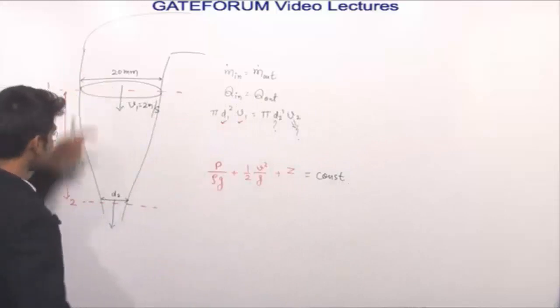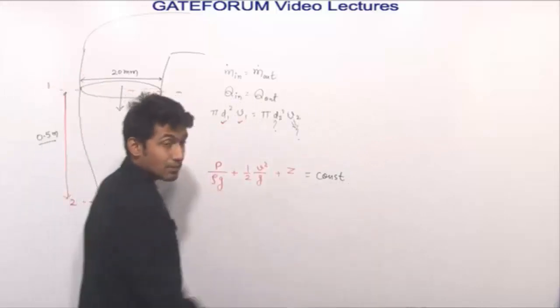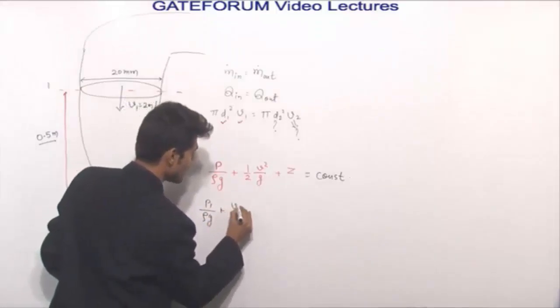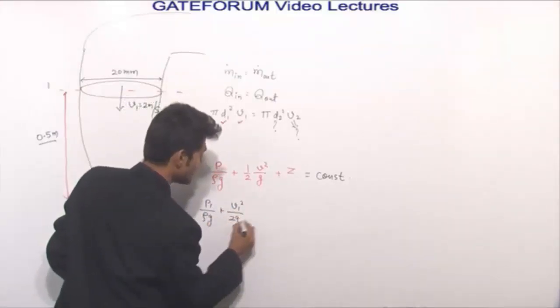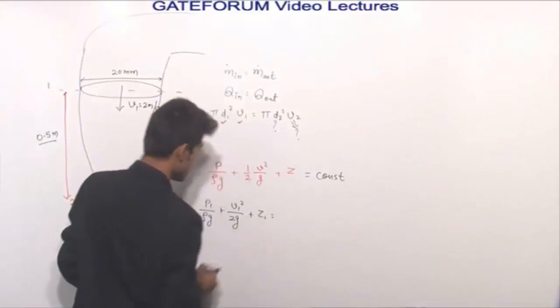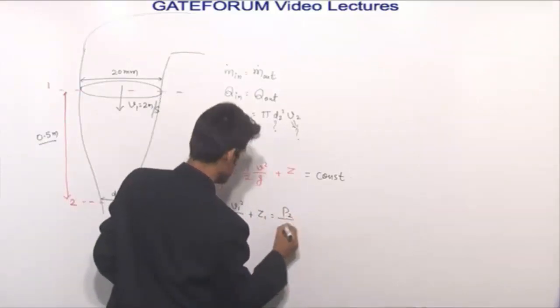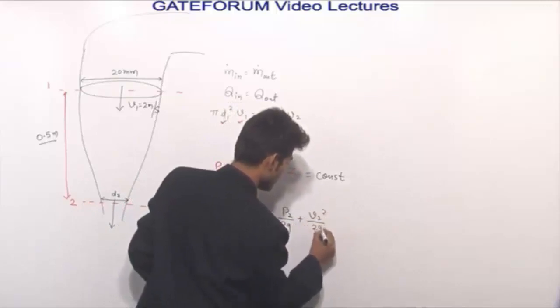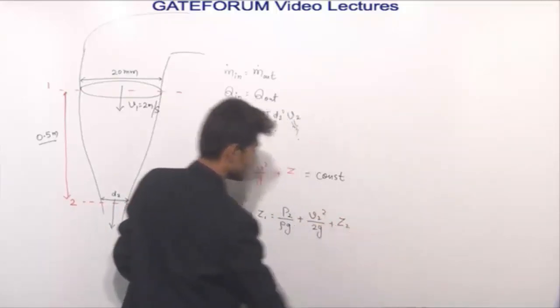So for point 1 and point 2, the same equation can be written as P1 by rho g plus V1 squared by 2g plus Z1 is equal to P2 by rho g plus V2 square by 2g plus Z2.